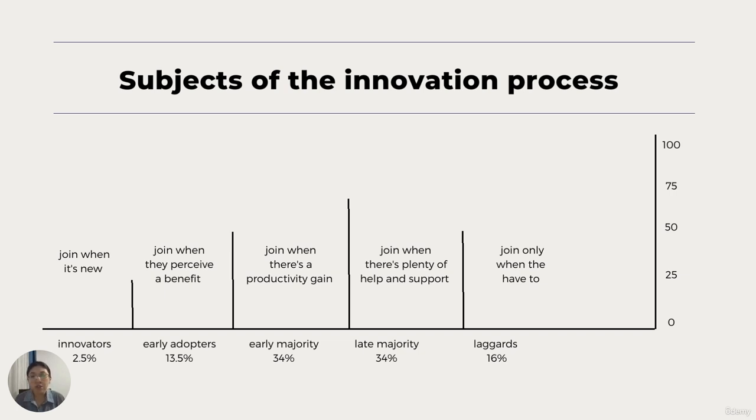They are the most resistant to change and do so only when forced to adopt because everyone else has. For example, about iPhones, some people like to be the first, to be early adopters, and they are ready to stand in a queue just to get the latest iPhone first. But some of them buy iPhones just because everyone else has it. For example, these could be laggards.